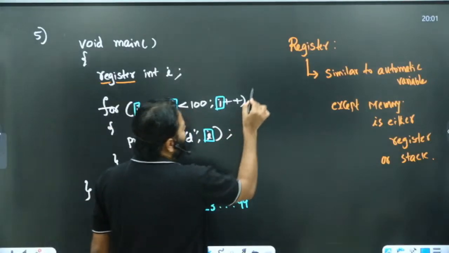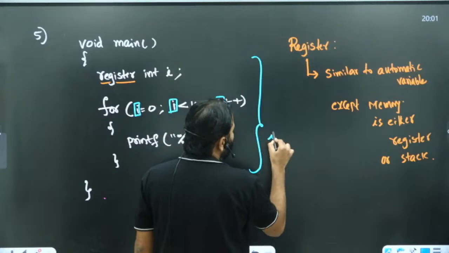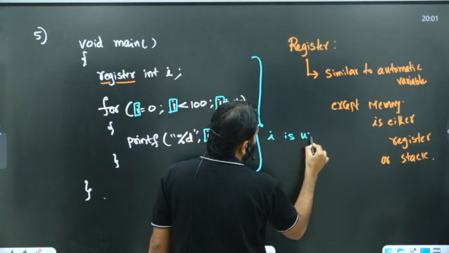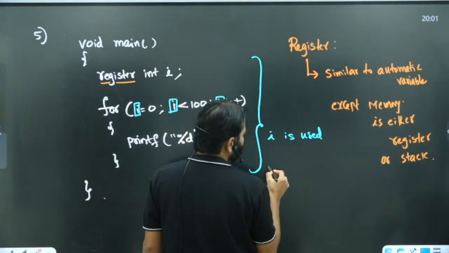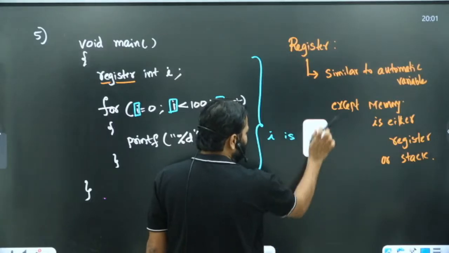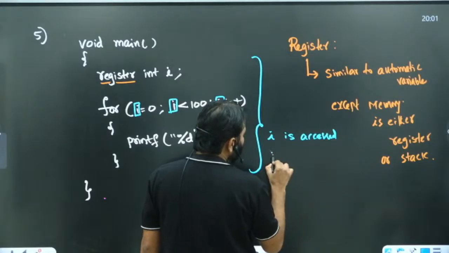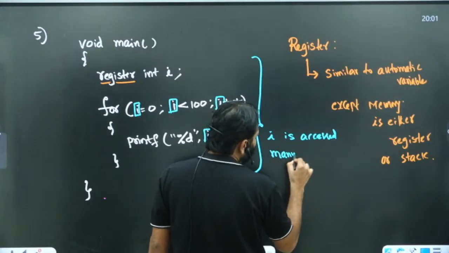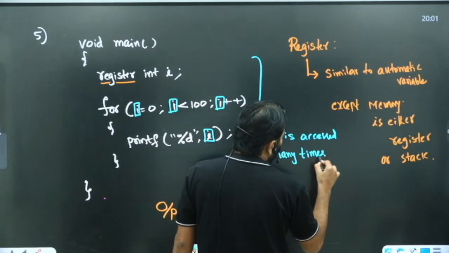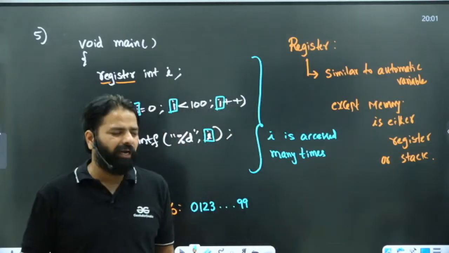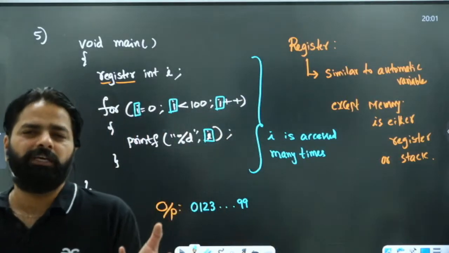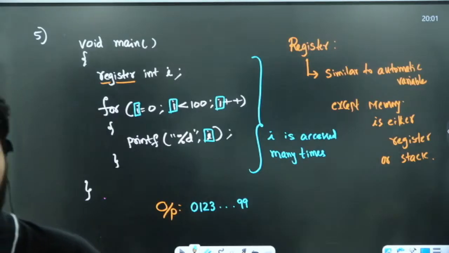So here I is used or accessed many times. When it is many times, it is better to put it in a register and access it, because the execution will be faster.